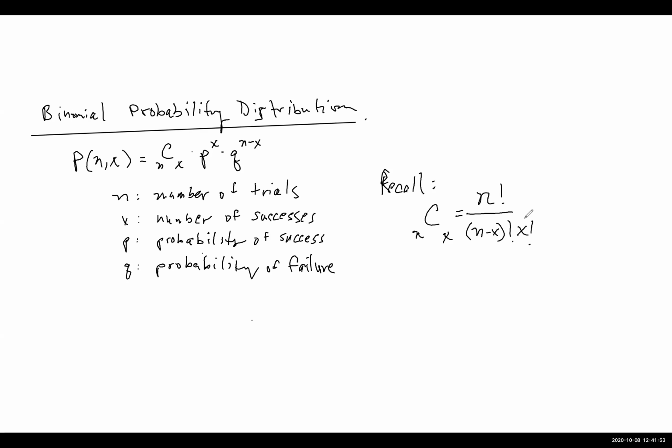So let me clear this out, make some room to write. We want the probability of 7 boys out of 10 children. So in this case, having a boy is considered a success. Let's label all the values we need to calculate our probability with our formula.